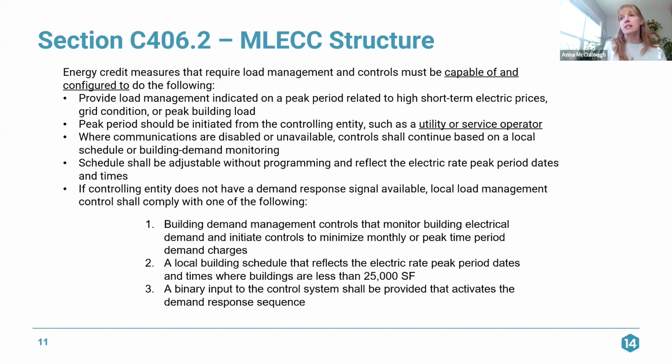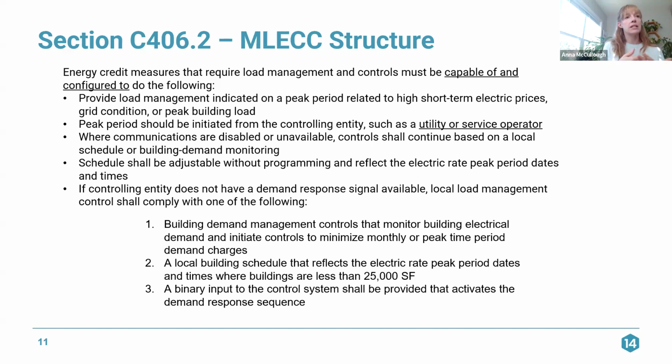And then the schedule is adjustable. That schedule that I just talked about shall be adjustable without programming and reflect the electric rate peak period dates and times. So they want you to be able to adjust your building's peak demand, but have the information that you need available to you. So you need to know when your electric utilities peak demand periods are and what those rates are.